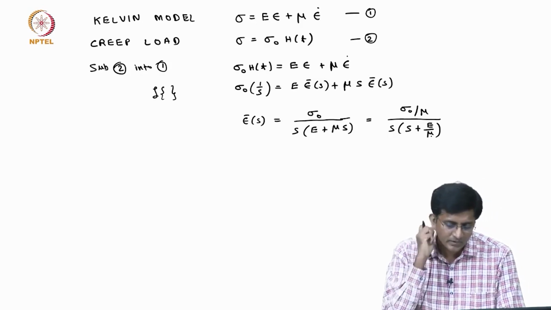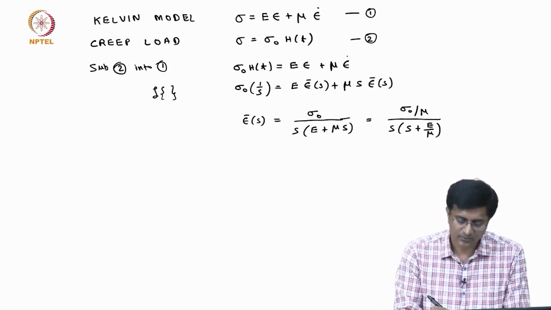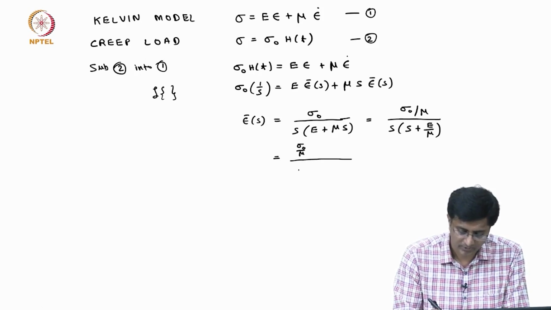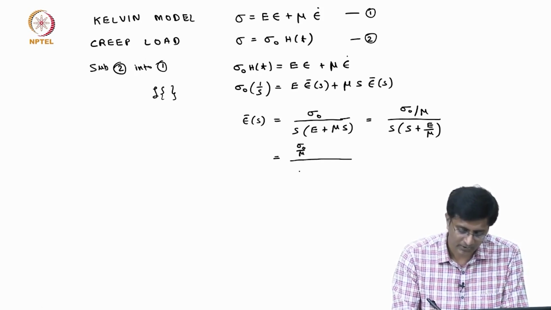Okay. But to further simplify this, we have this sigma naught by mu in the numerator, and in the denominator we have this s times s plus E by mu.